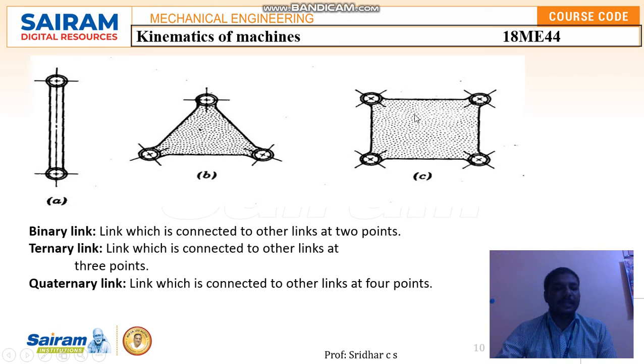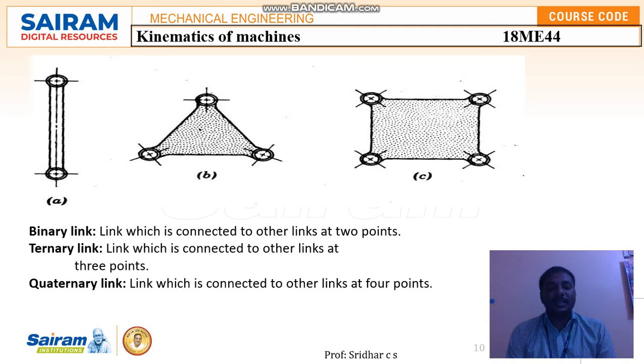This is the binary link, ternary link and quaternary link. A binary link has two links or two points fixed in order to transmit the motion. Ternary means three points which have been connected, and quaternary means four points or four links used to transmit the motion. This is not only applicable to 2, 3 or 4 points.